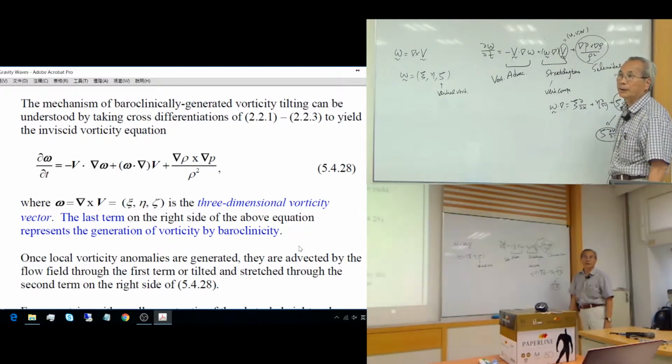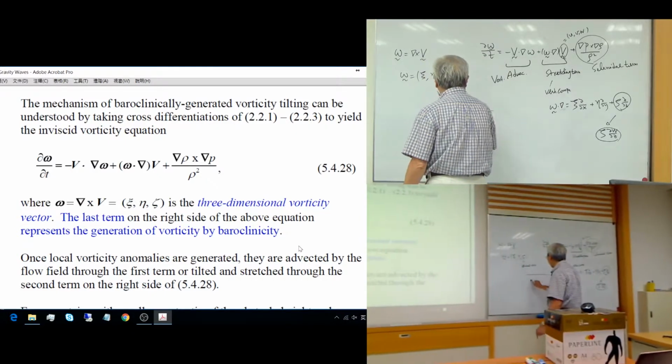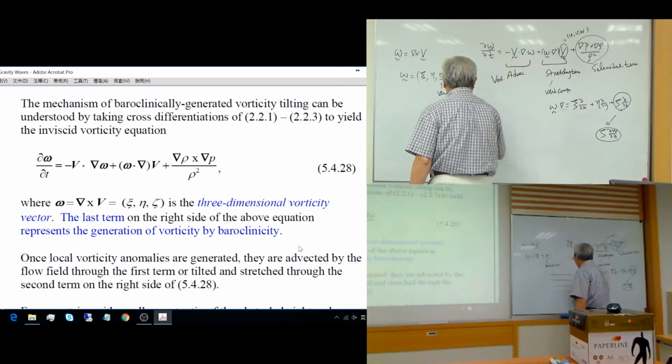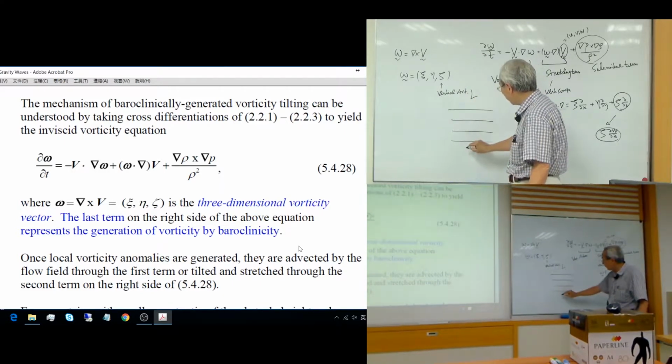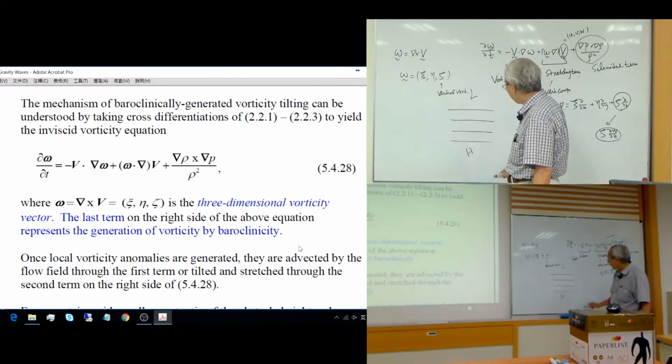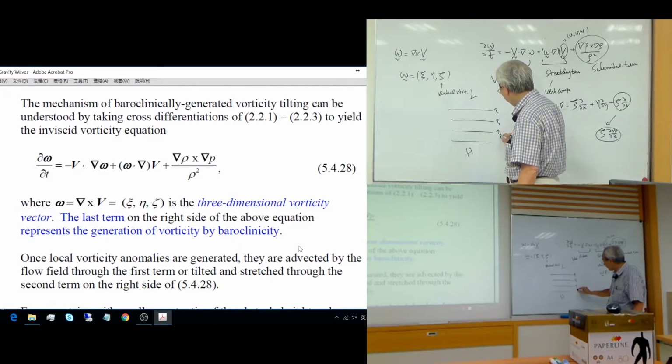The solenoid term can be understood if you look at, say, we have low pressure here and high pressure here, so we have P1, P2, P3, P4.